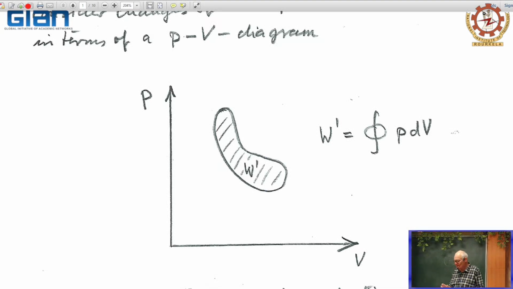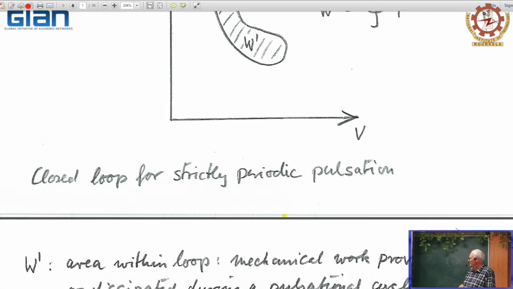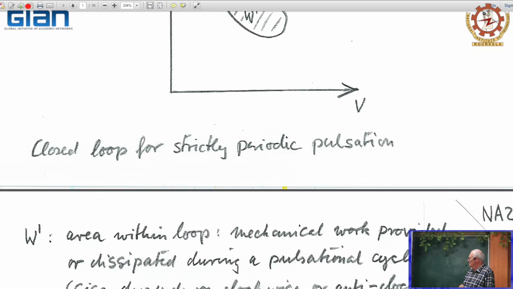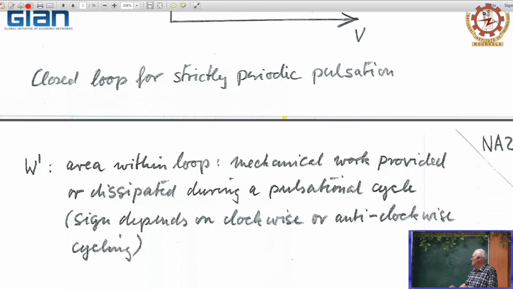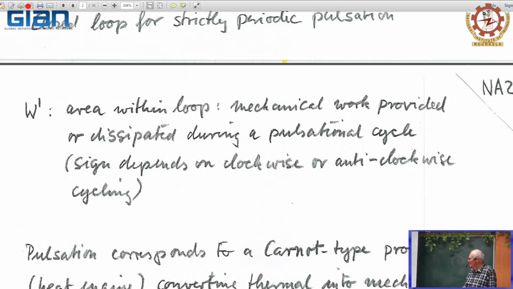Okay, so it's classical thermodynamics of heat engines which we are doing here. And it's a closed loop for periodic pulsation. The area within the loop is the mechanical work provided or dissipated during a pulsational cycle. The sign depends on whether we go clockwise or anti-clockwise.